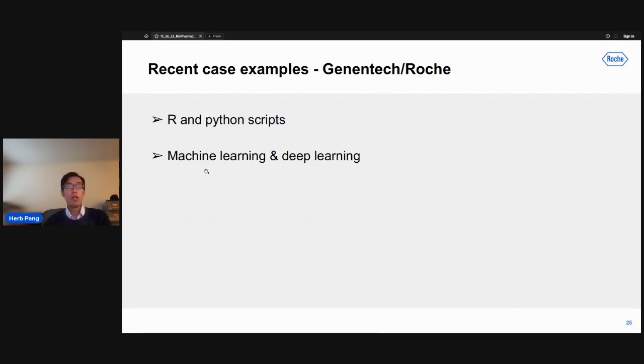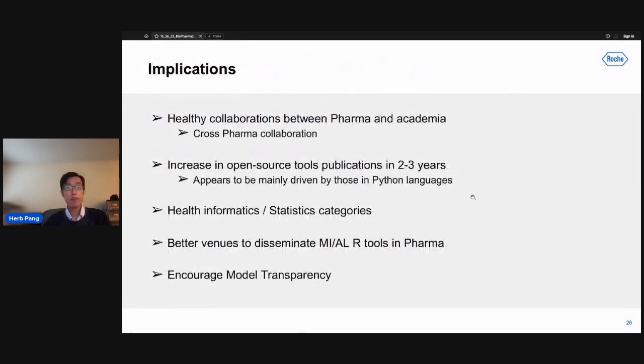In addition to machine learning, deep learning was also part of this research. So we can see that the use of open source tools, both R and Python, is quite popular, and in more recent work, in addition to general machine learning, deep learning was also involved.